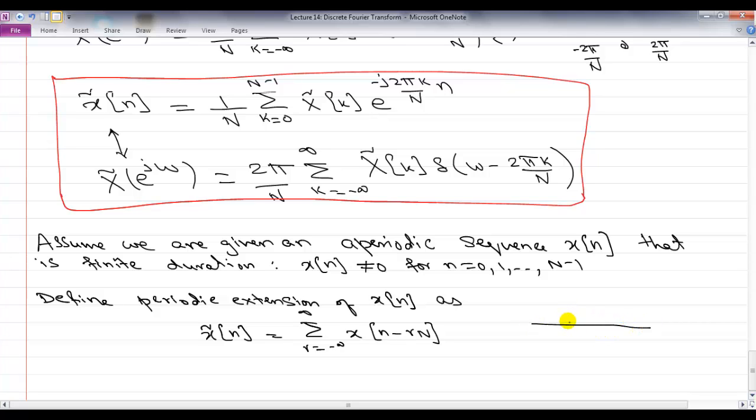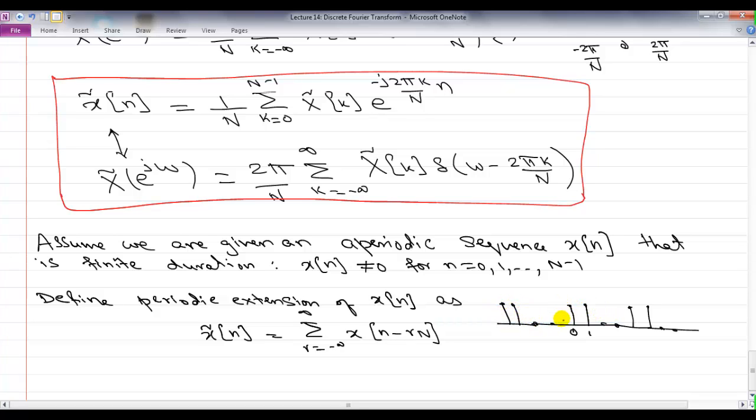So if my sequence was, for example, 0, 1, and let's say my n is 4, right? Then I just start repeating it after every 4 samples. Okay.